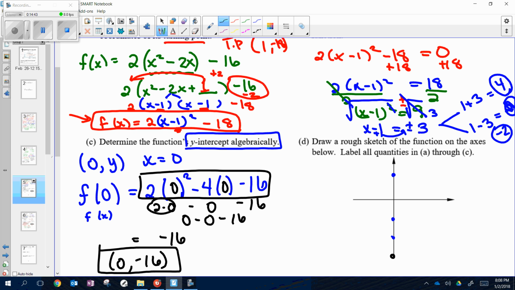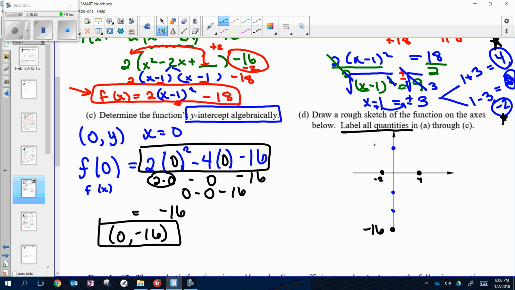It's way down here. I also found these things in the previous question, so I can label all these quantities that I just found. Negative 2, that would be about there-ish. 4, just estimating these values, obviously. So negative 2 and 4 were my zeros, and I can sketch this randomly skinny.